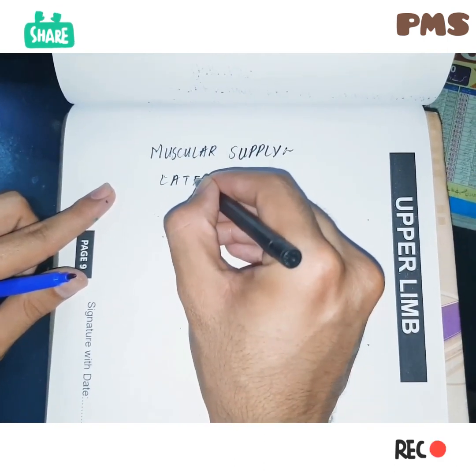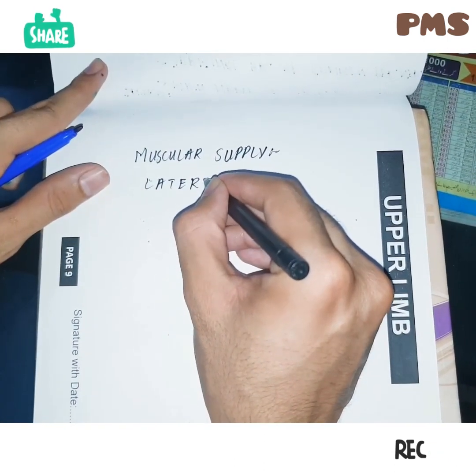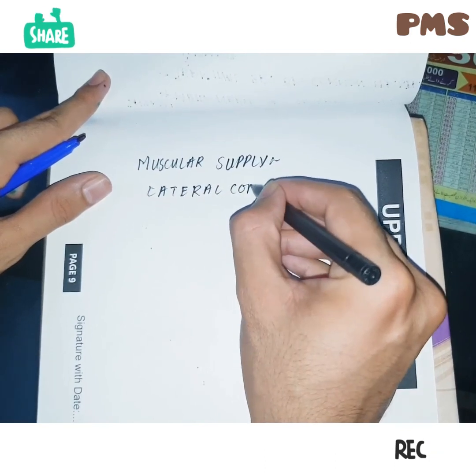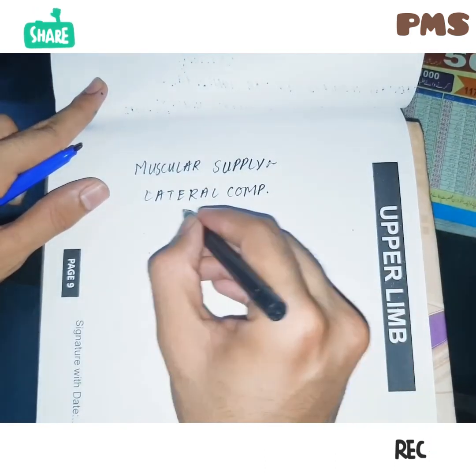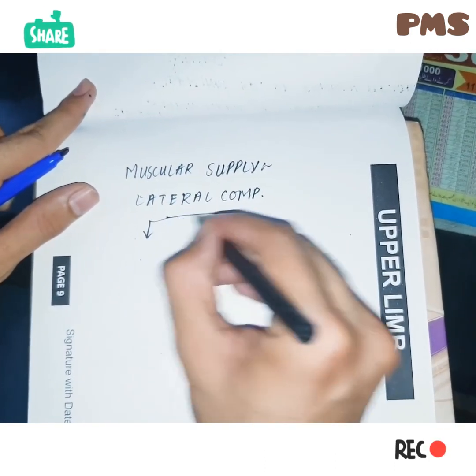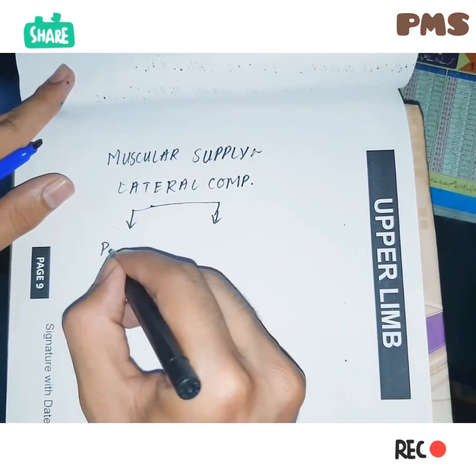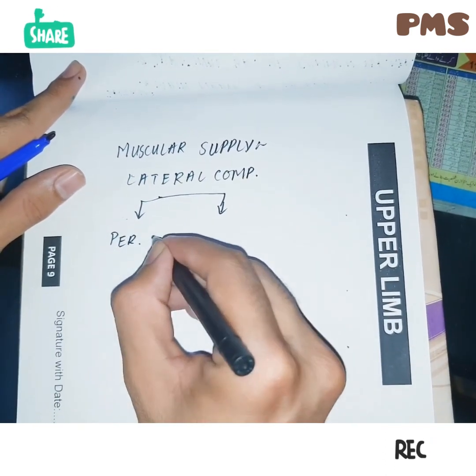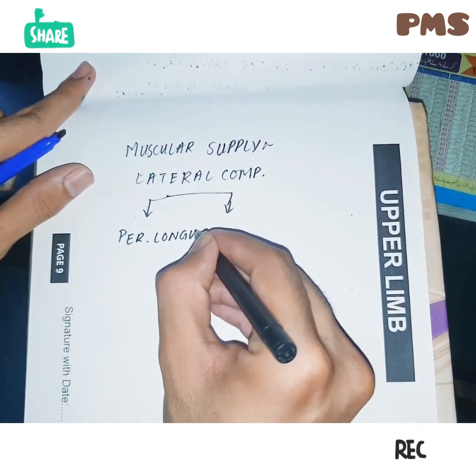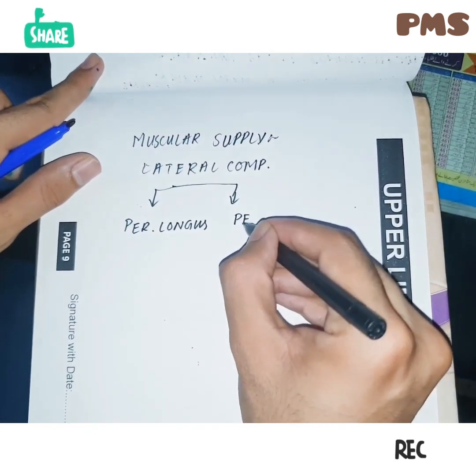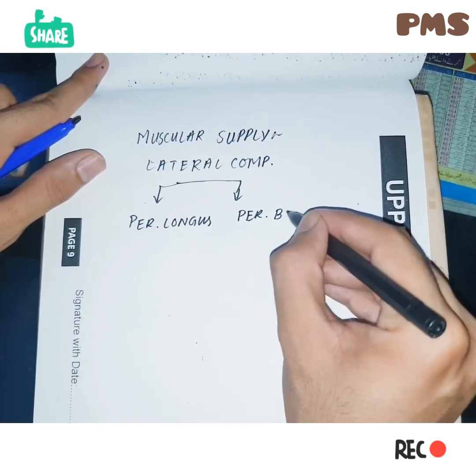As we know, the lateral compartment includes two muscles, namely peroneus longus and peroneus brevis muscle.